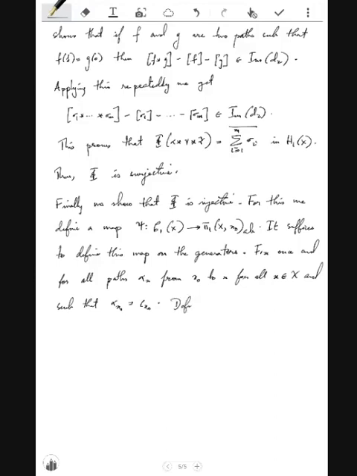So define psi of sigma equal to alpha sigma 0 star sigma star alpha sigma 1 tilde. So let us first check that psi is 0 on the image of T2.